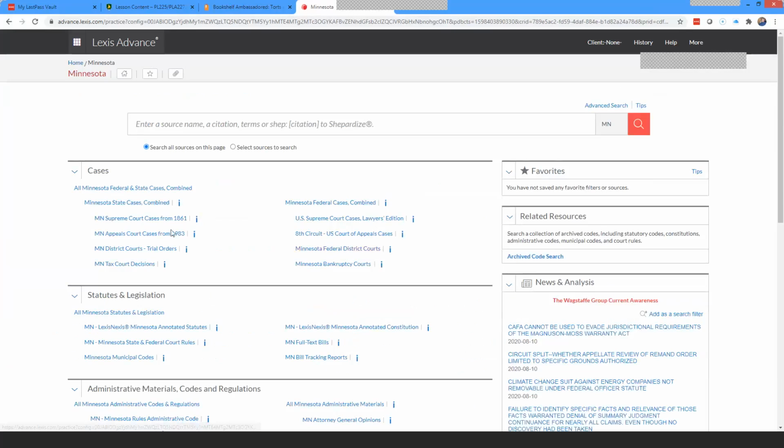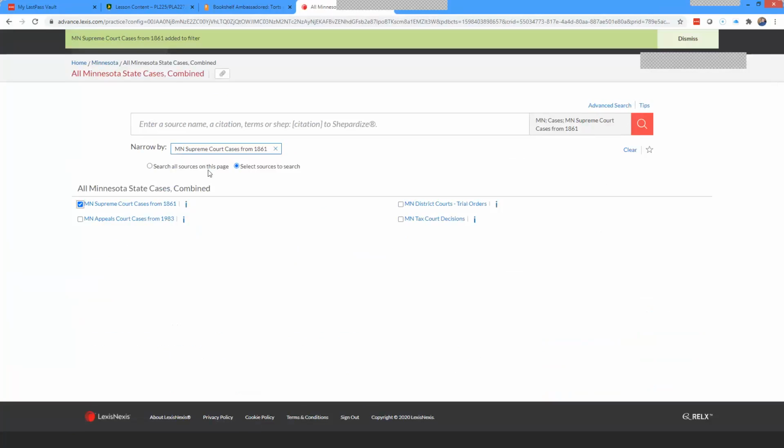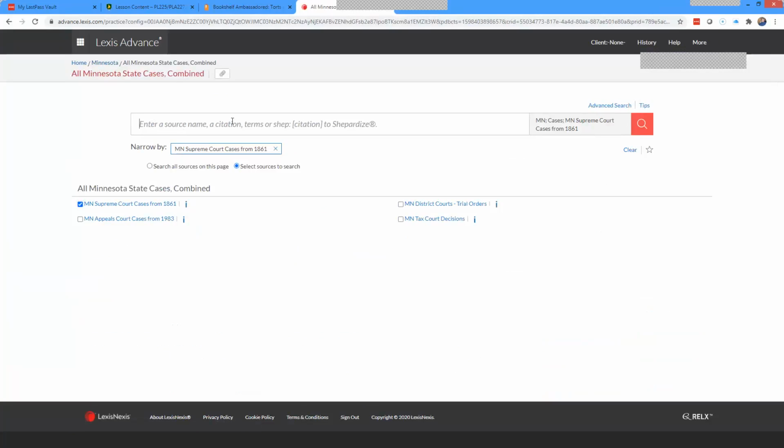And we'll do Minnesota state cases combined. This might be too big, but I'm going to just do Supreme Court cases. Still probably too big, but I'm going to try false imprisonment.